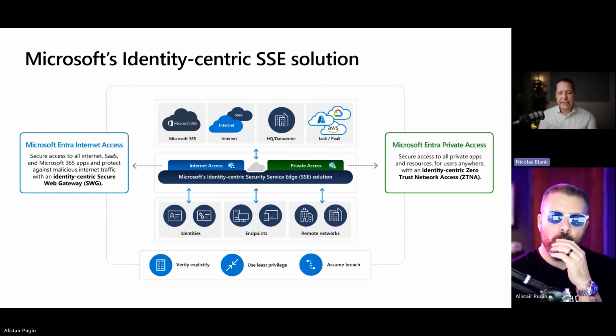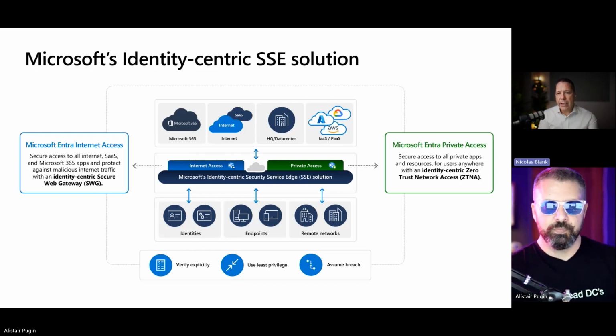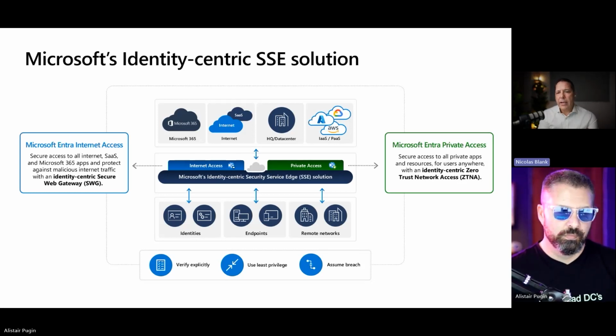So what we're looking at here, and for those of us who know this by another name or another product, this is effectively Microsoft's version 1 or version 0.9 of what Zscaler has become famous for, which is the Security Service Edge. And what Microsoft has done, using the identity engine and their conditional access rules engine, is allow us to define what users are able to do on the internet and also what users are unable to do on the internet, as well as what users can do to internal resources in our data center.